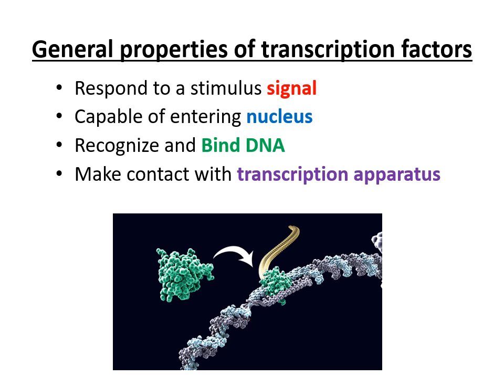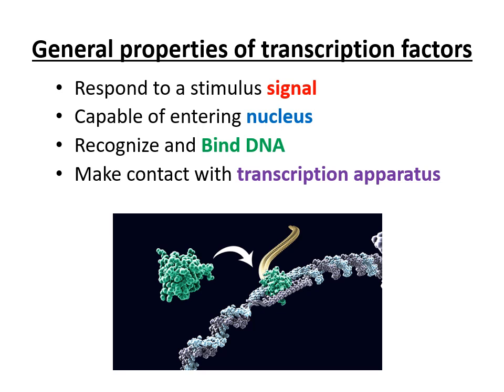When you look at this slide, remember that transcription factors, in order to properly regulate gene expression, need to respond to a stimulus, or a signal, get into the nucleus, bind to the DNA, and interact or make contact with the transcription apparatus.